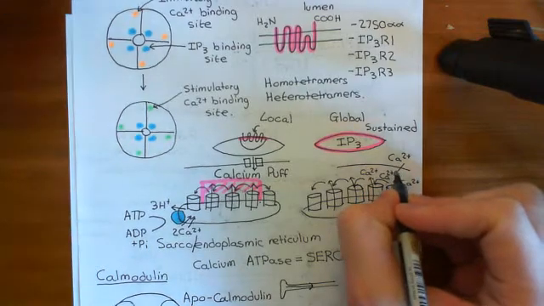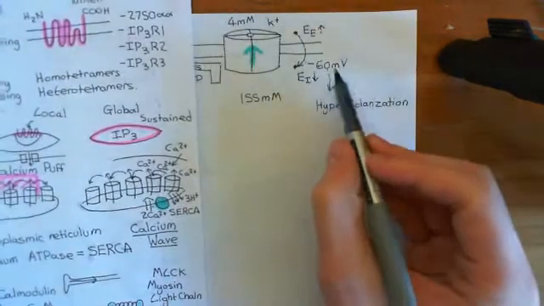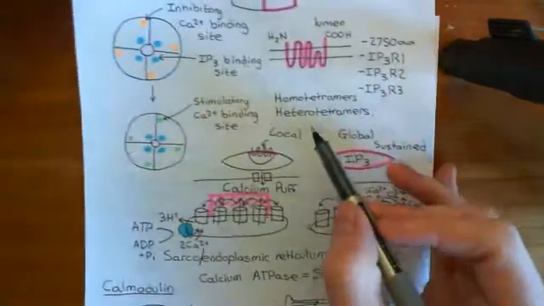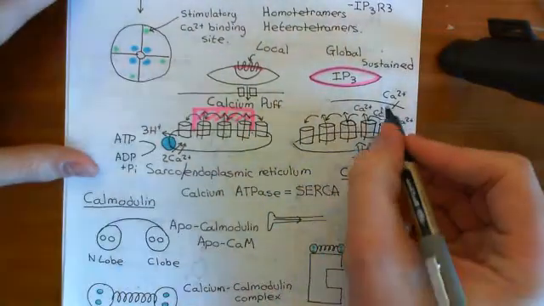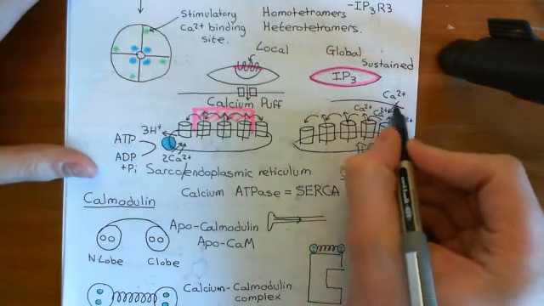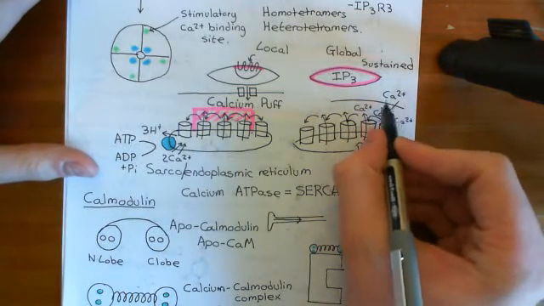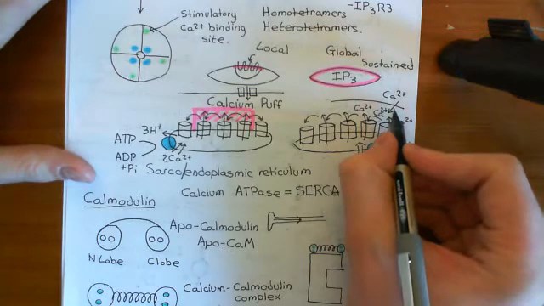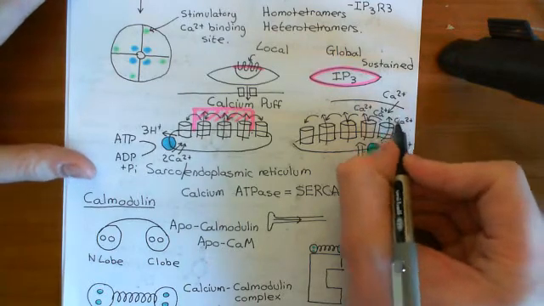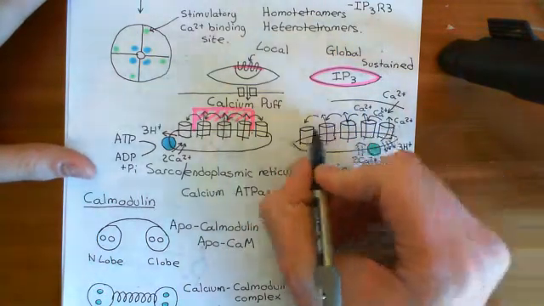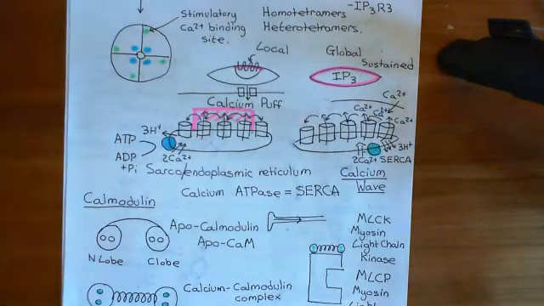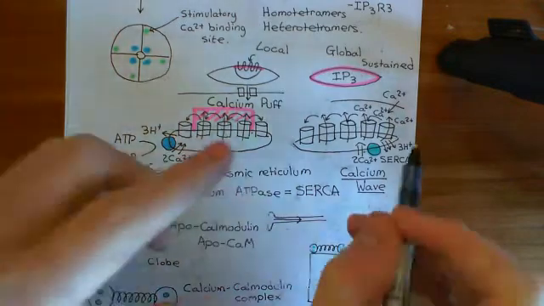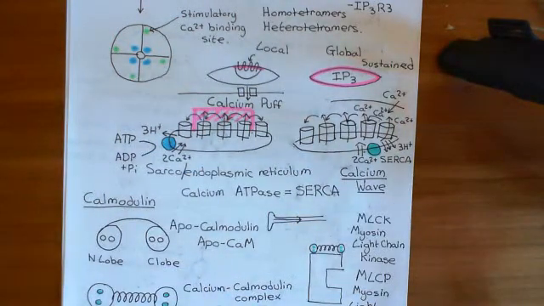Okay, if we're hyperpolarizing the membrane because of opening these big conductance potassium channels, then basically these voltage-gated calcium channels that let in this initial calcium will not open. Okay, and then you won't get the calcium that sets off the initial calcium wave, basically. So you won't get the calcium waves in the cell if you hyperpolarize the cell membrane. At least this is the thought, basically.